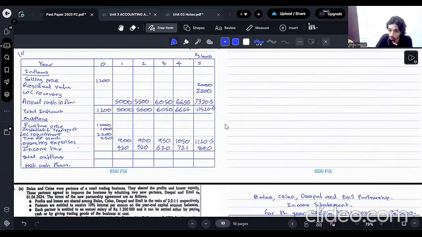Then total outflows, you can put within bracket, 11,000 plus 1,000 plus 2,200 plus 250. That will be 14,450.